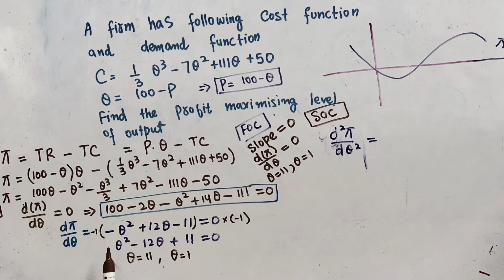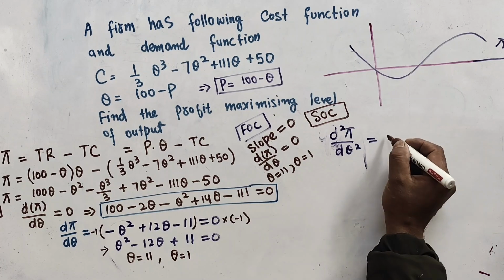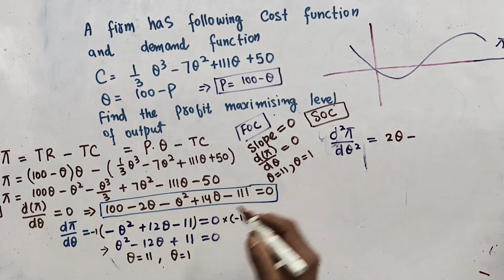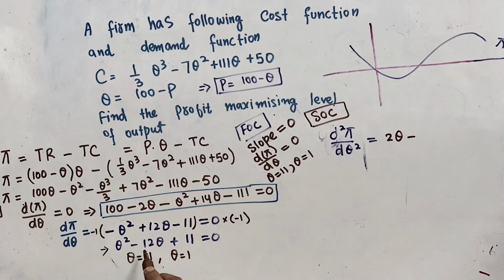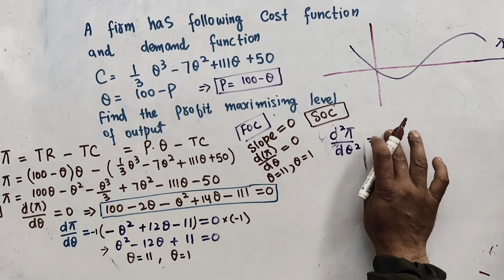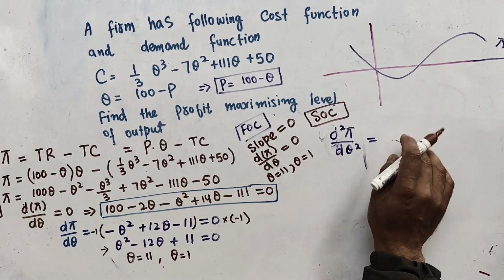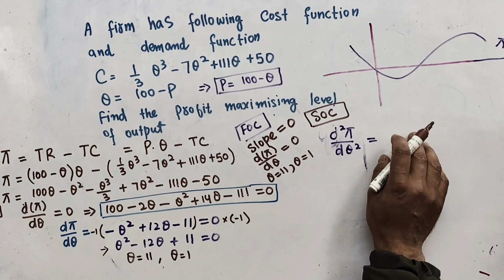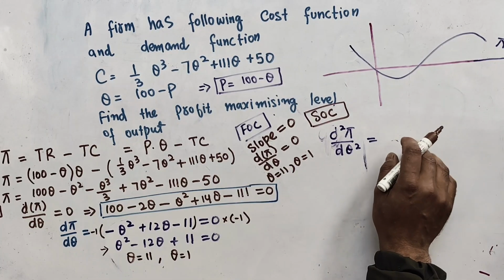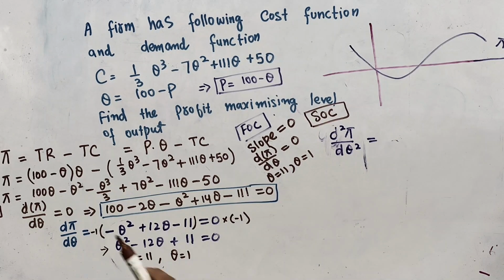So this is actually our first derivative of the profit function. Let's take the derivative again. No, this is not our profit function, rather d pi upon dq was this very function.